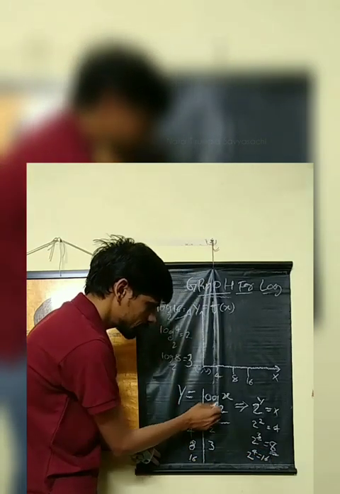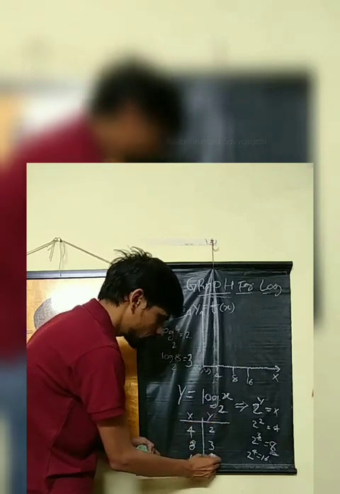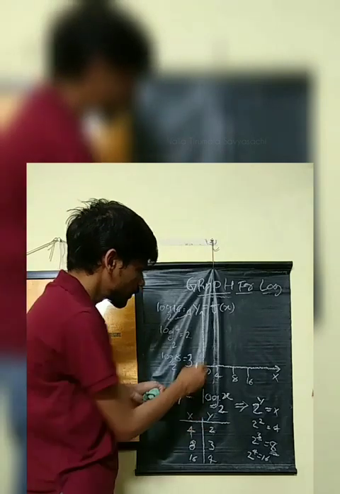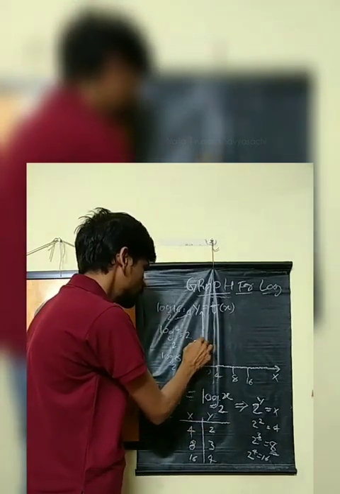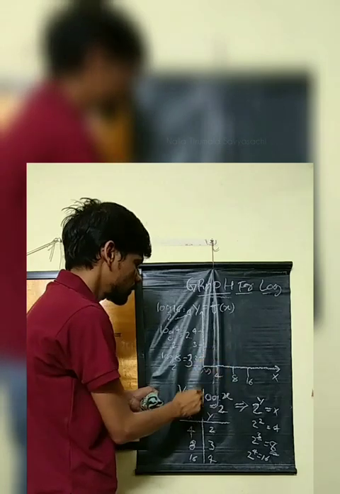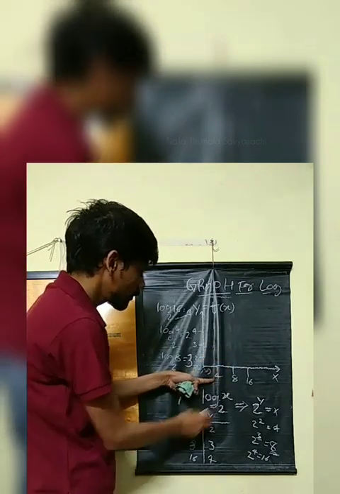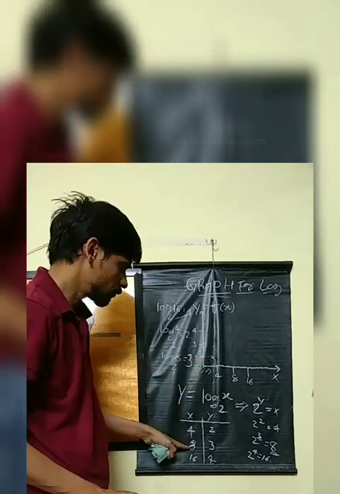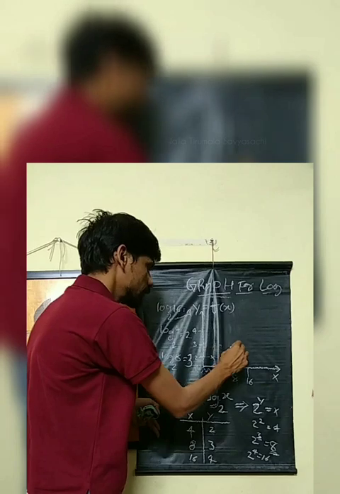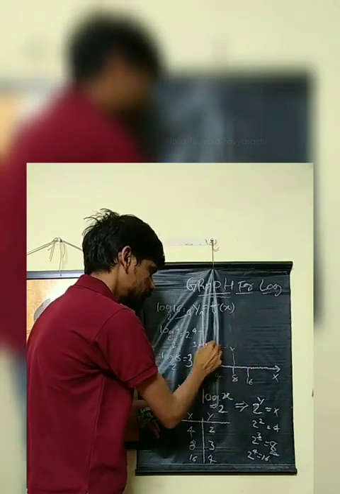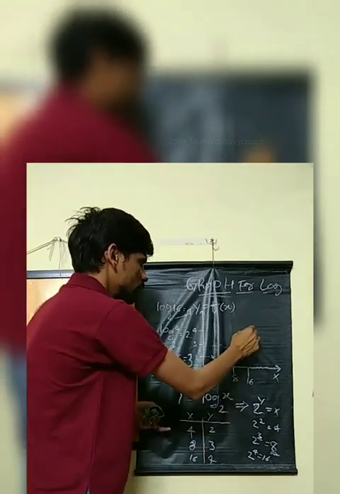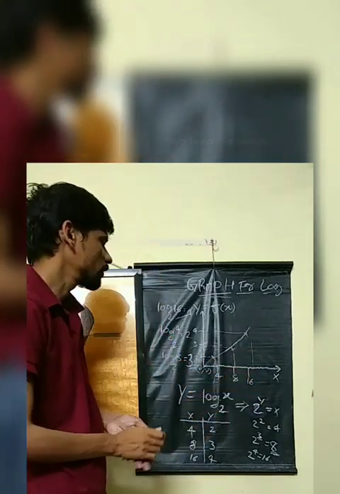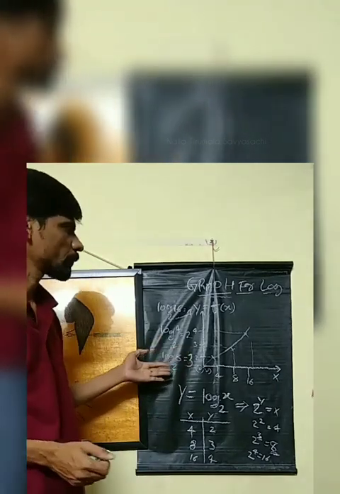So when I pass x in this function, what is the value of y? For 4, we got 2; for 8, we got 3; for 16, we got 4. These are the coordinates: (4, 2), (8, 3), (16, 4).